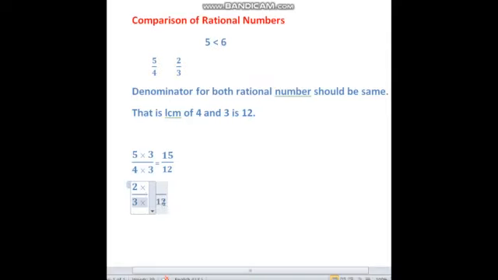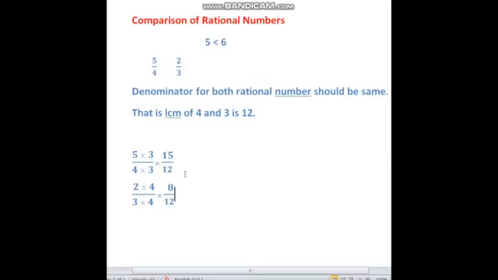Because we need 12 as a denominator over here. 3 multiplied by 4 we have done in denominator, so we have to do the same procedure in numerator also. We multiply 2 by 4, and 2 multiplied by 4 will be 8. So 8 will be in numerator and 12 will be in denominator.